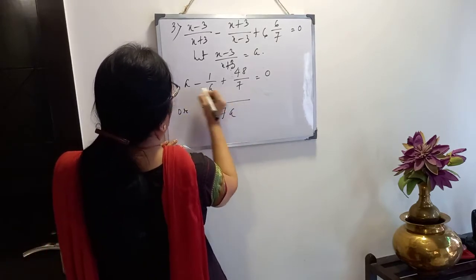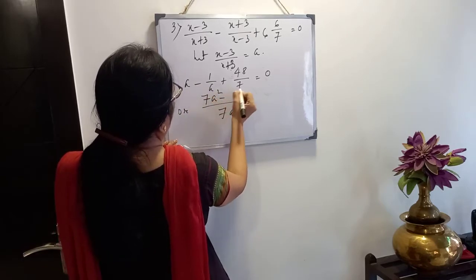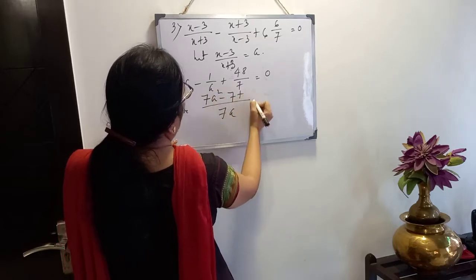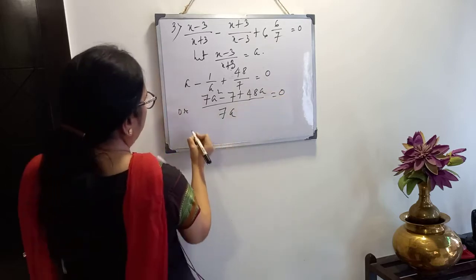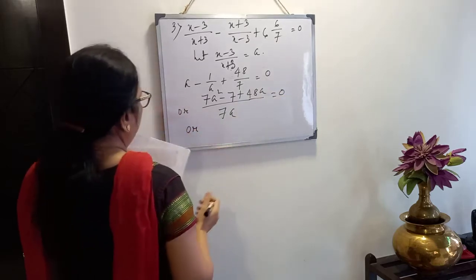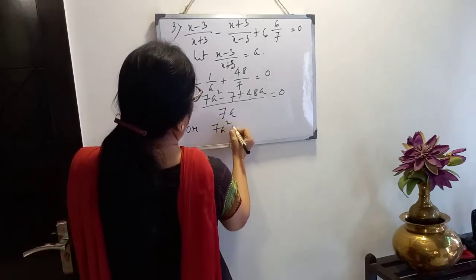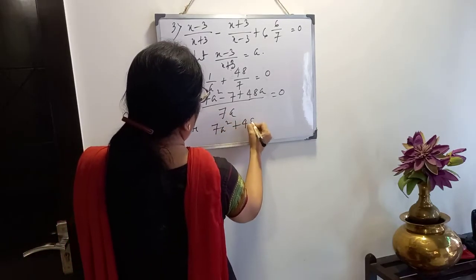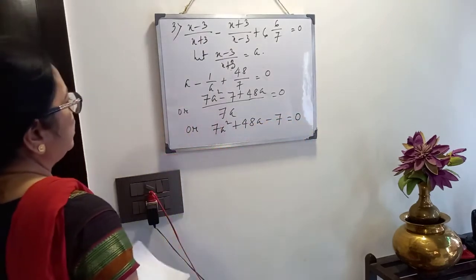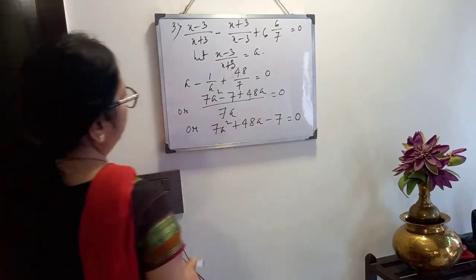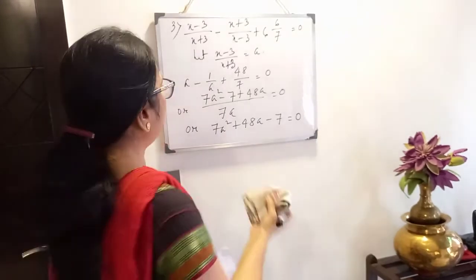7a LCM, it is becoming 7a square minus 7 plus 48a equals to 0. After cross multiplication, it is becoming 7a square plus 48a minus 7 equals to 0. Now middle term: 7 7s are 49, so the middle term will come plus 49 minus 1.